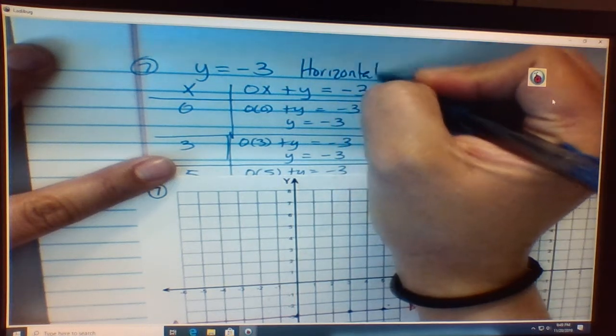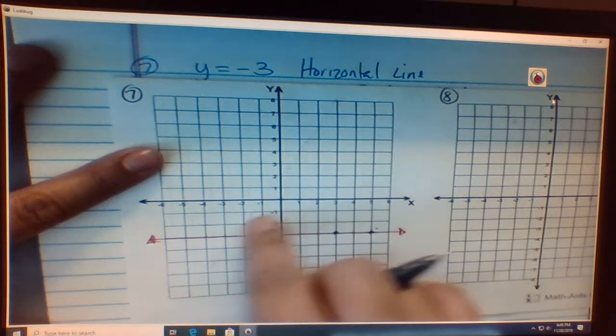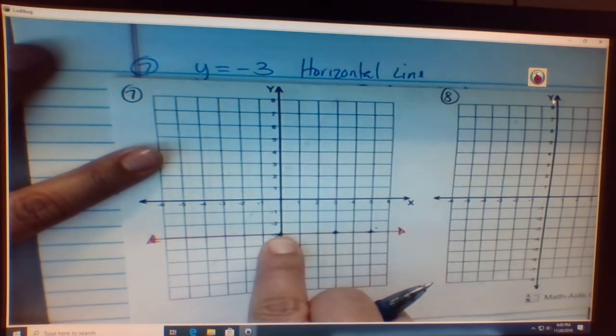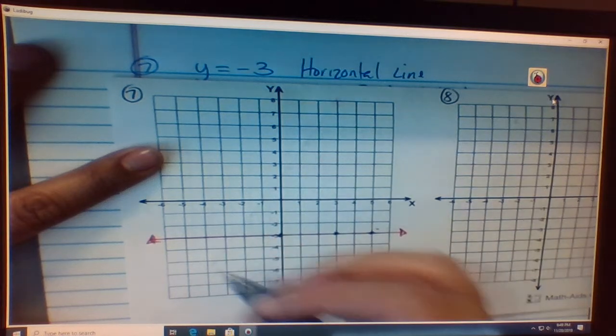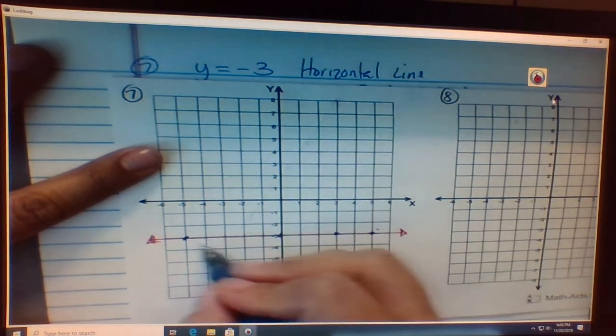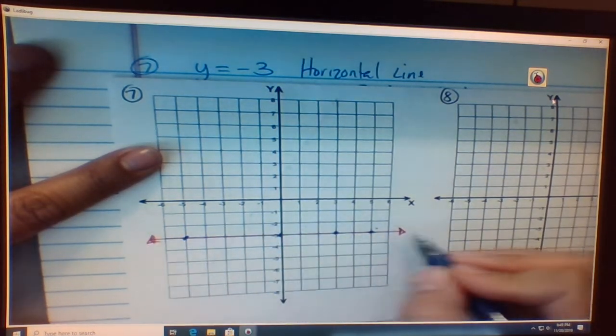The horizontal line goes to where y is at what? What's the value of y here? Negative 3. What's the value of y here? Negative 3. So everywhere on this line, the value of y is negative 3.